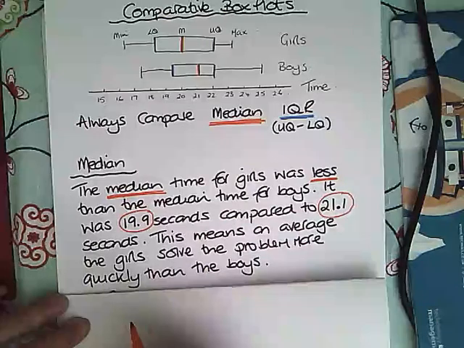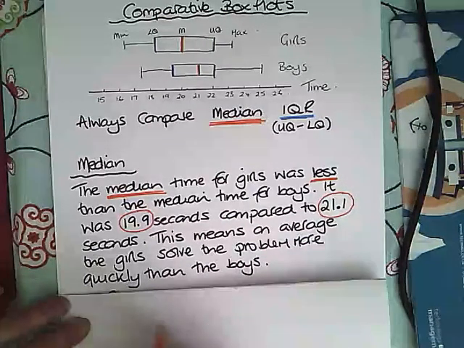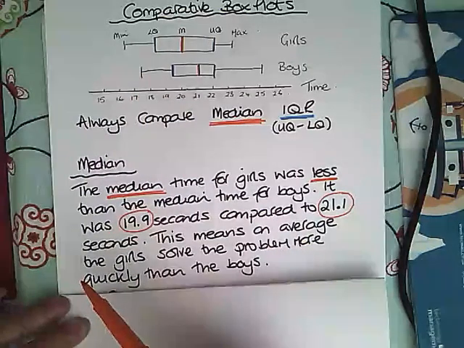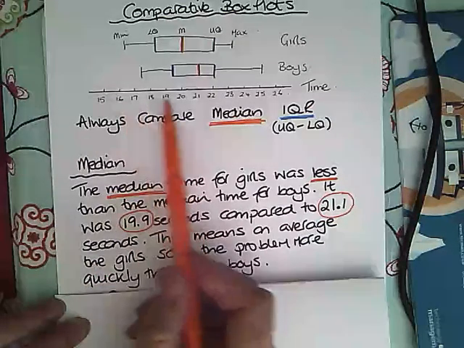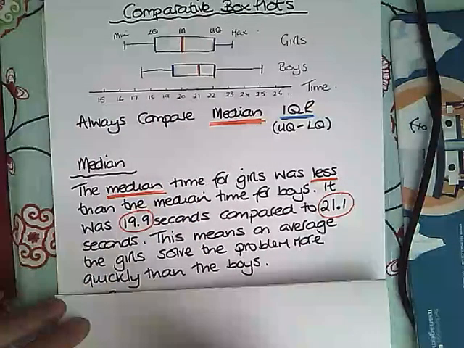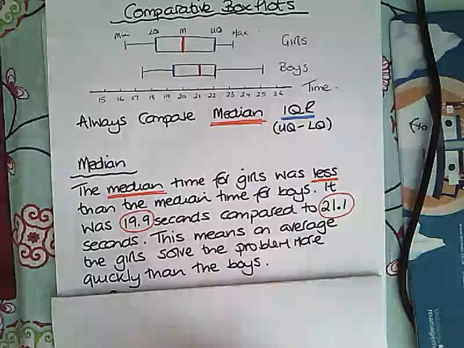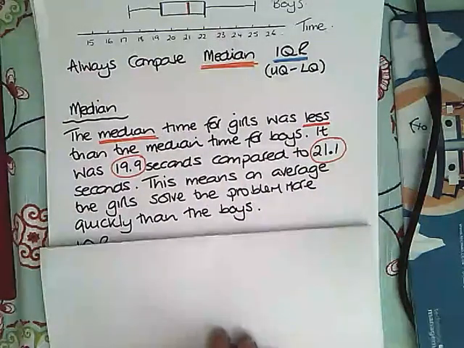And they really do like to give you questions on time, because often the smaller the value of time, the better it is. So if you're having the times for a 100-meter race, for example, the smaller the time, the quicker the person is going. So just be careful of the context of your data. Moving on to the interquartile range, we then need to look at what I've written for the interquartile range.